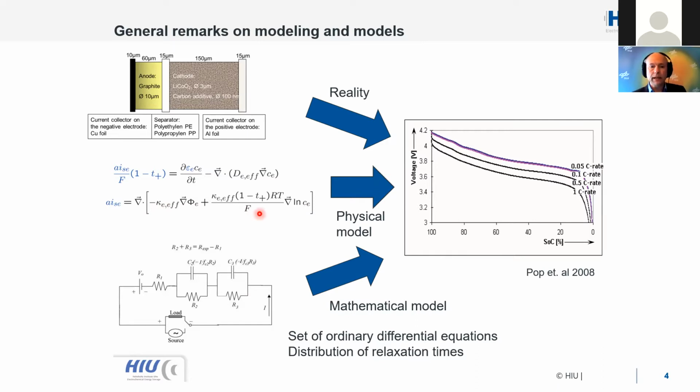So in some sense, the complexity of many parameters in a distribution of relaxation times approach is encoded in the time-space structure of the partial differential equations on which physics-based models are built.